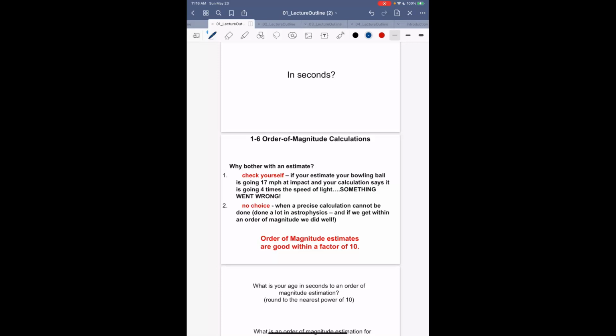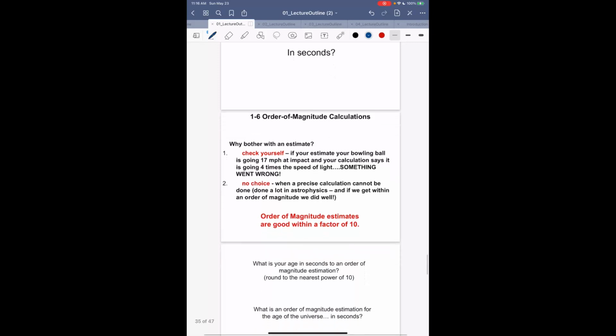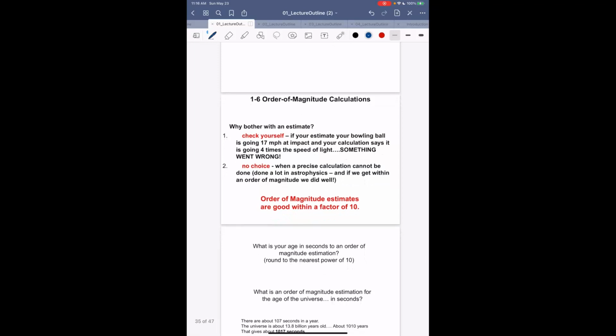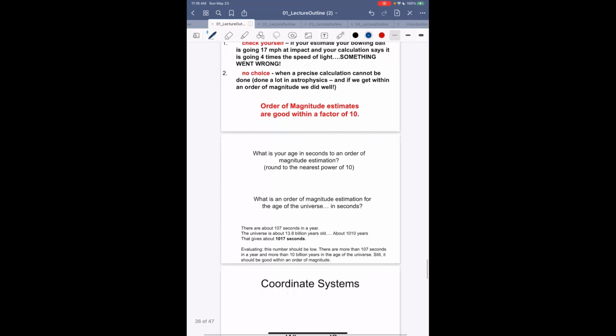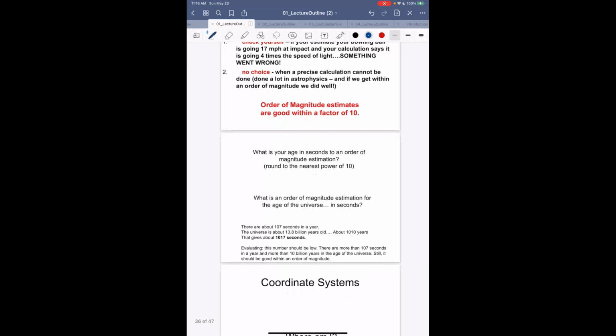There's no choice when a precise calculation cannot be done, which happens a lot in astrophysics, and if we get within an order of magnitude, we did well. Okay, so this is about the order of magnitude.